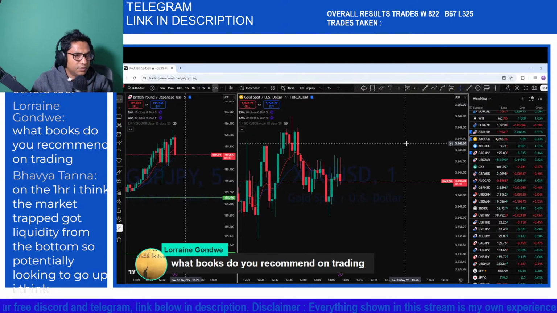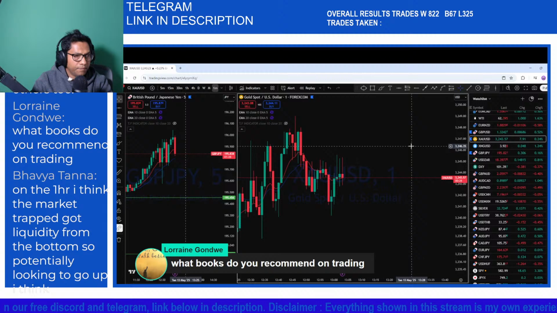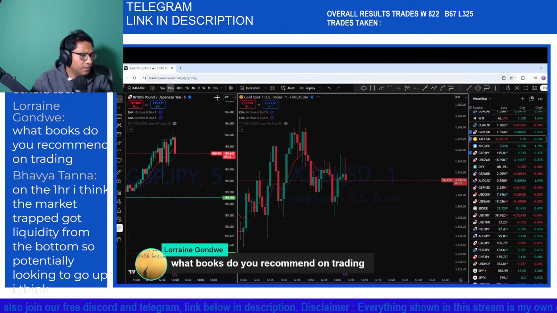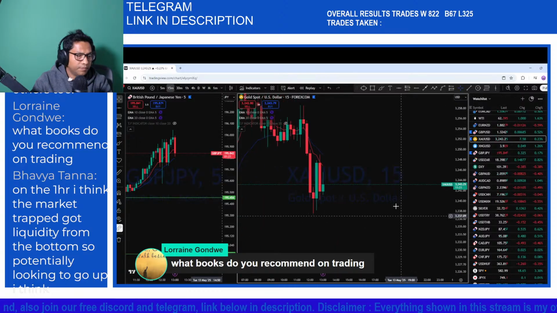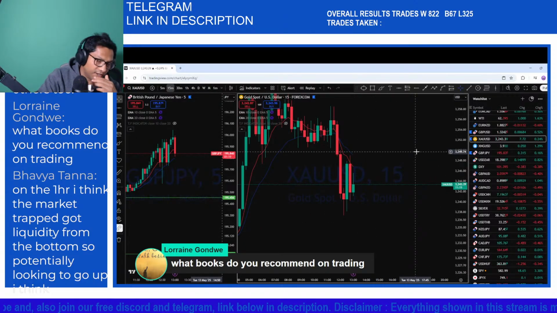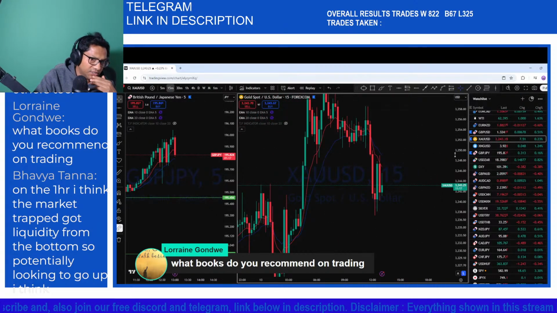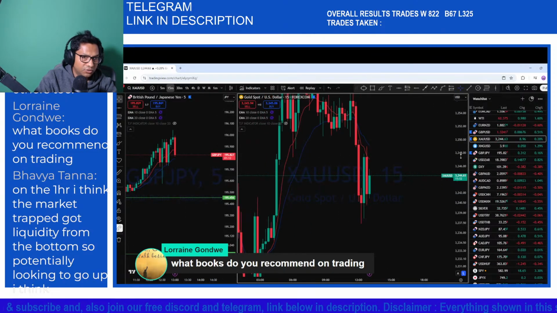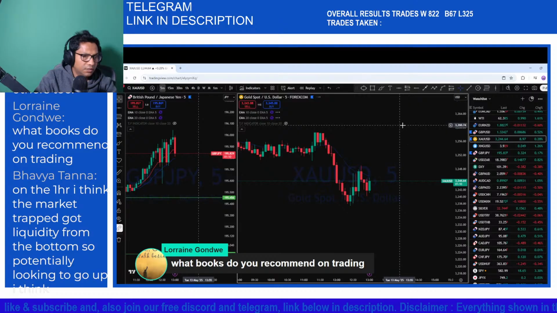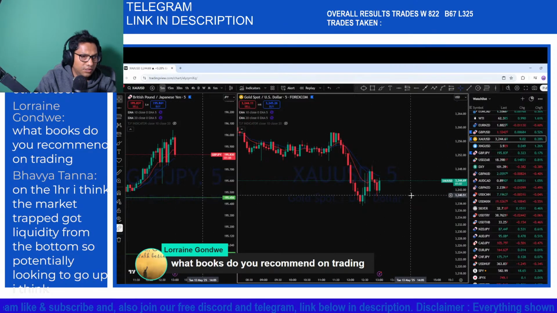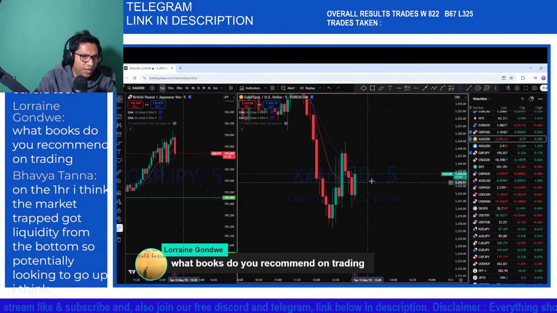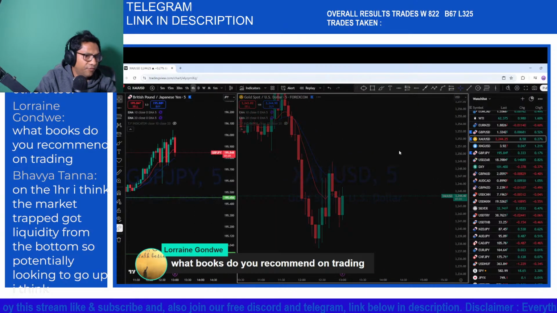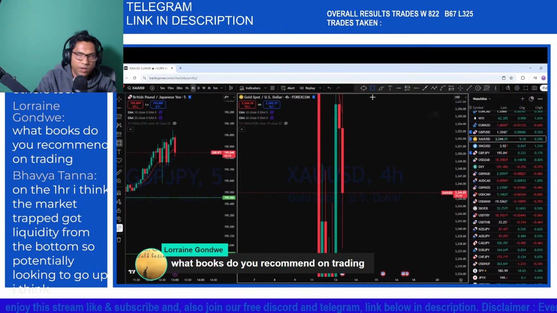Here are some of the areas that we can see. If you look at the market structure, the price from this level started to move in this area. I think this may try to push back to the upside for another wave of bounce.